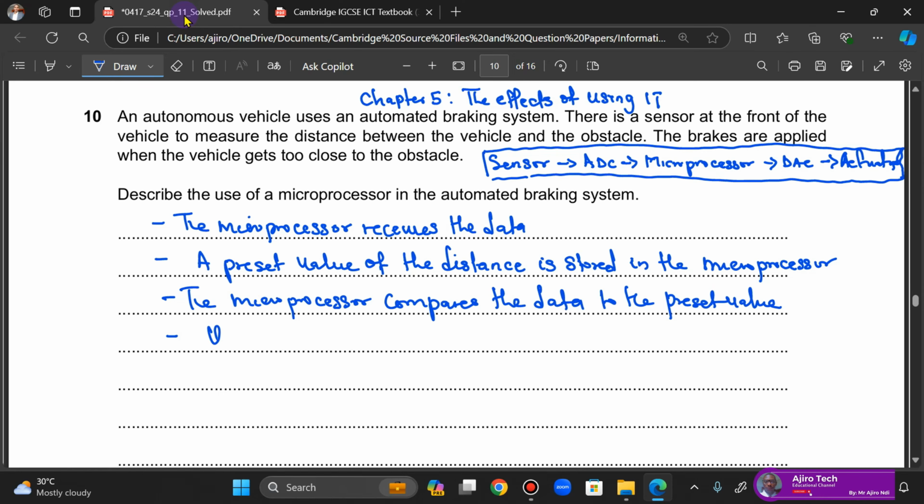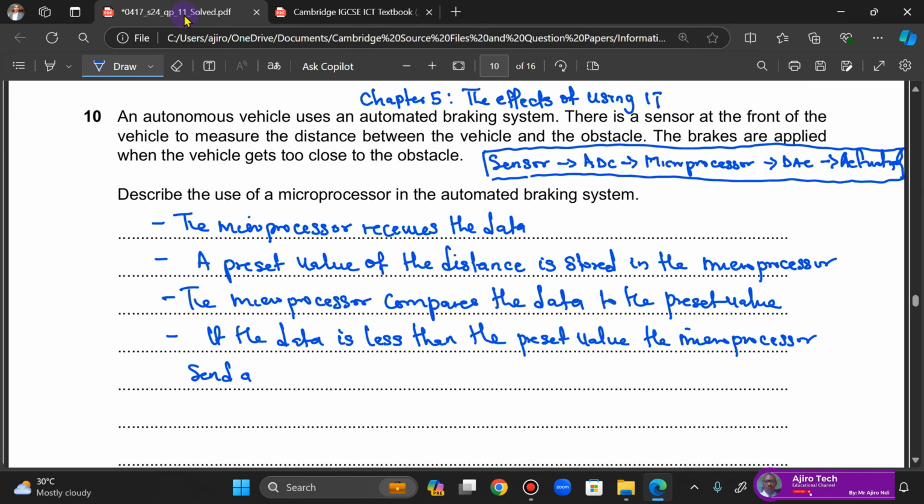Okay, so if the data is less than the preset value, the microprocessor would send a signal to the actuator.